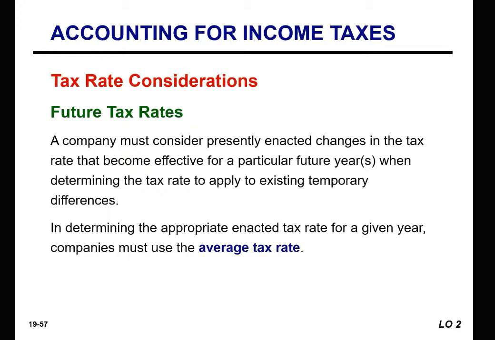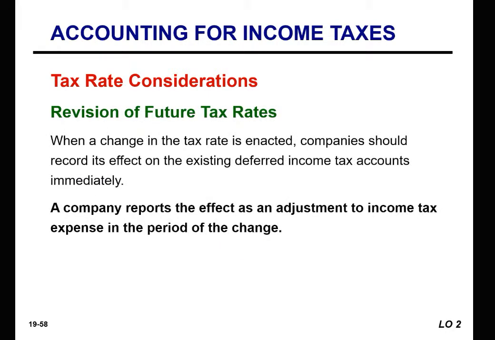In determining the appropriate enacted tax rate for the years, the company uses the average tax rate. So when that change is enacted, we record the effect of it on those deferred accounts in that year. So the year that the change happens is when we actually recognize the change on the balance sheet, and we report the effect as an adjustment to our income tax expense in the period of the change.